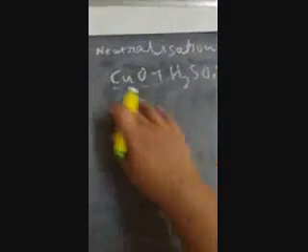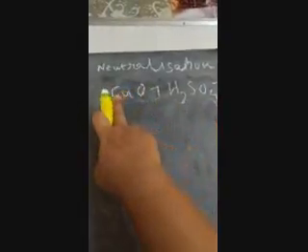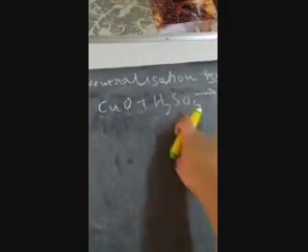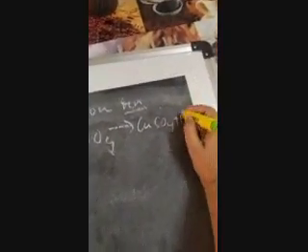Again they are all in their ionic form in the solution. Copper will combine with sulfate, and hydrogen will combine with the oxide. So we will get CuSO4 plus H2O. This is how the reaction takes place in neutralization.